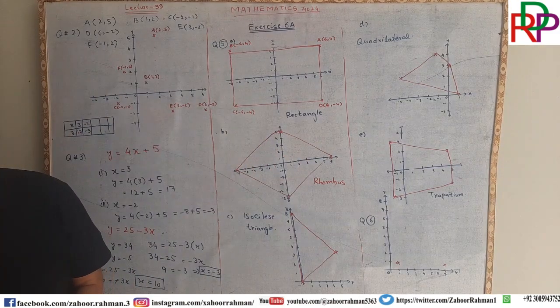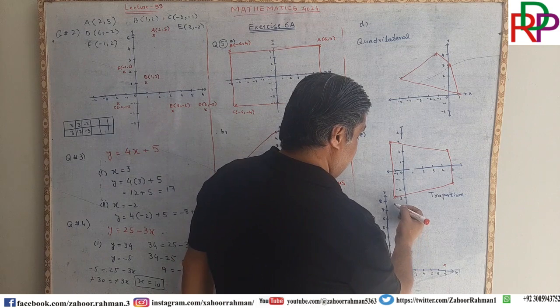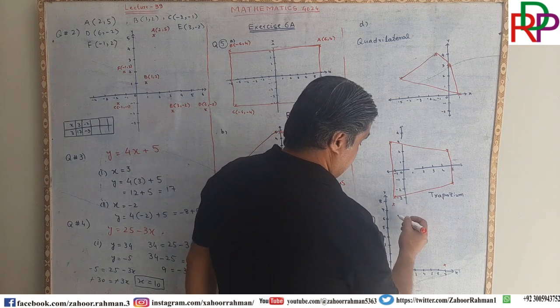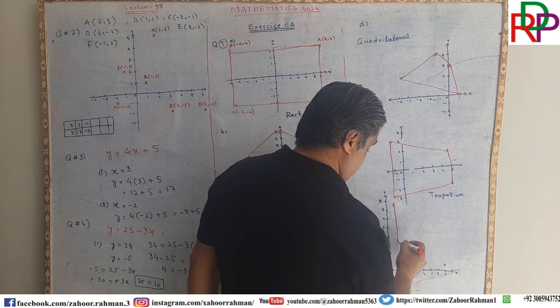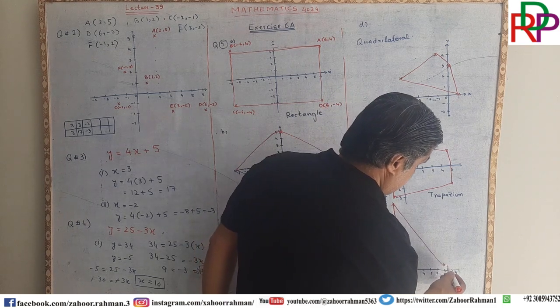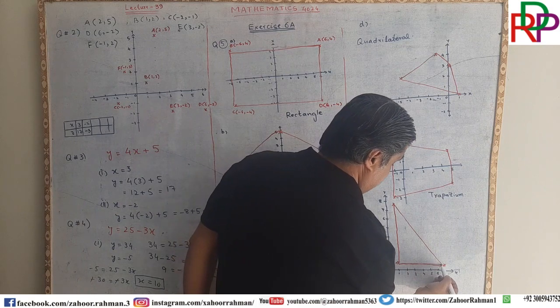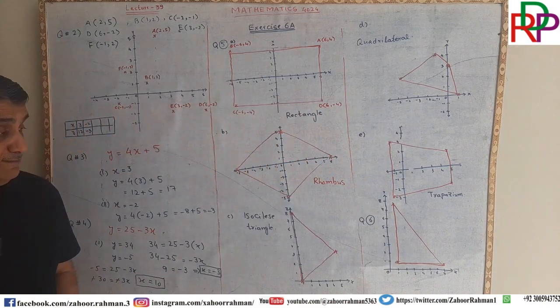And the third part is given as 1, 8. So 1 and 8 should be like there. So we are connecting these lines with each other, and we will get a right angle triangle.